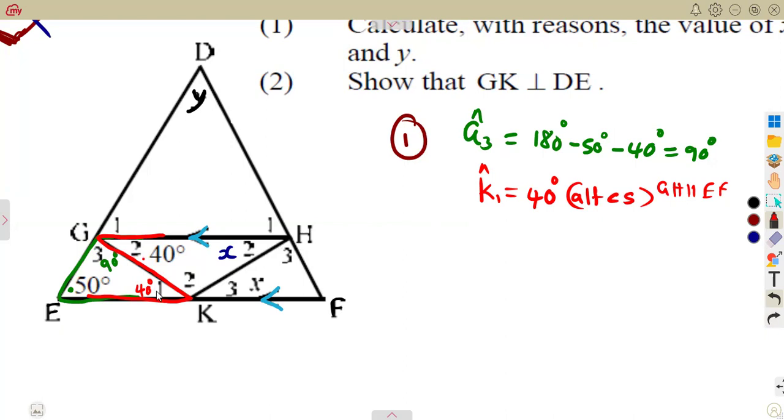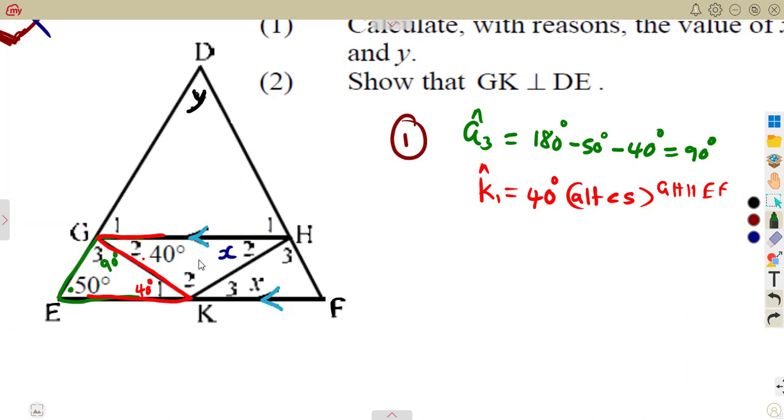So having 40 degrees, how is it going to help us to find X? This is where we are. All right. Let's consider where we are. We have got this 40 degrees and we've got X here. We can use this concept that this K2, we can have it in terms of X. Remember angles that are on a straight line, or we can use the angles inside of a triangle.